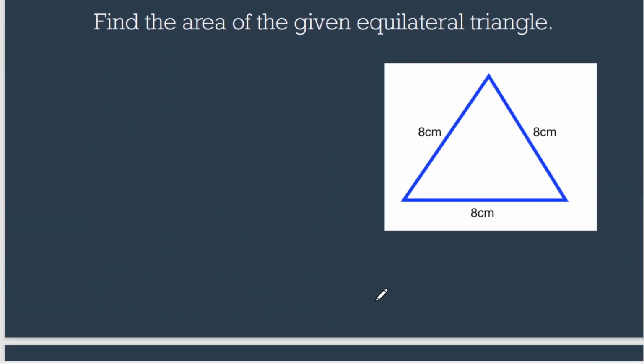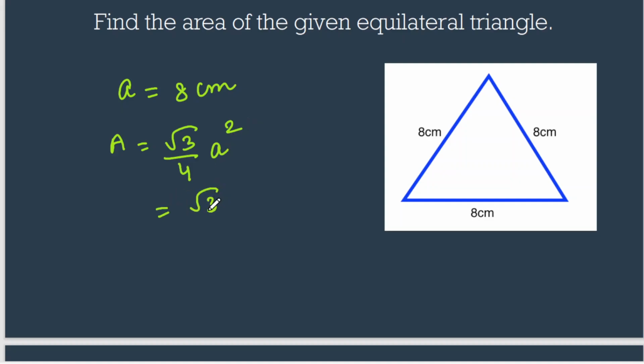So we have to find the area of the given equilateral triangle. We can see here the length of the sides of the triangle is given as 8 centimeter. So the area will be root 3 by 4 a square. That is root 3 by 4 into a square, that is 8 square.